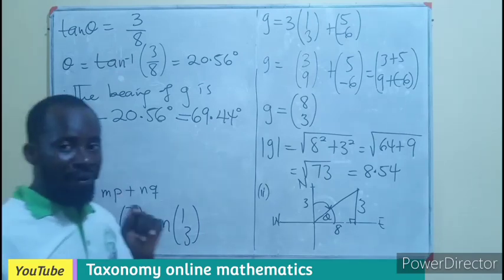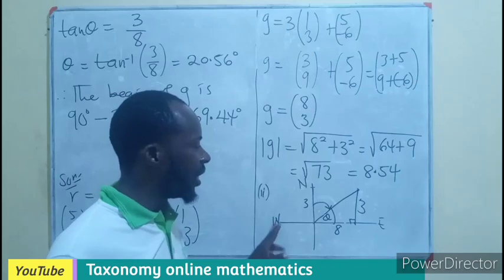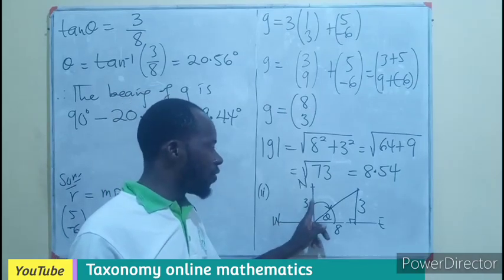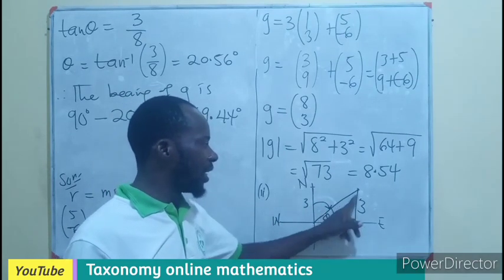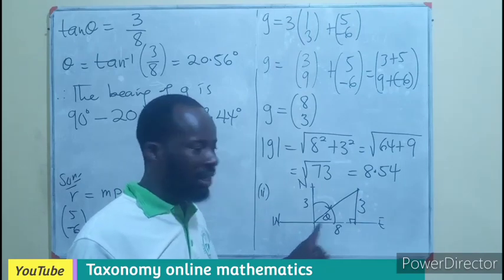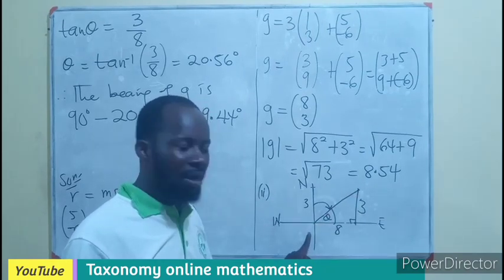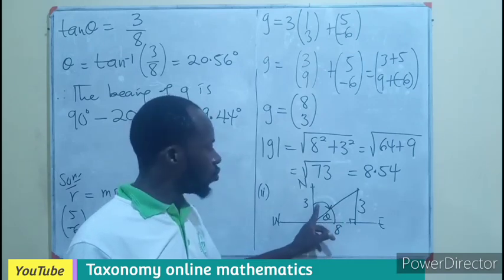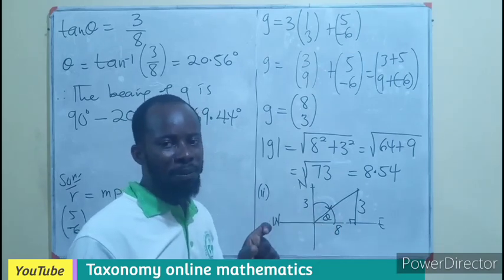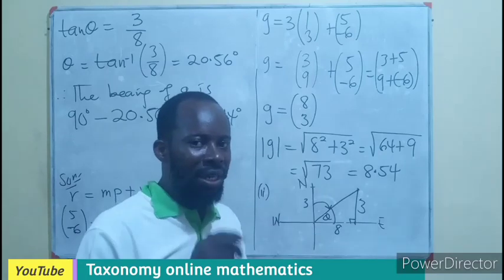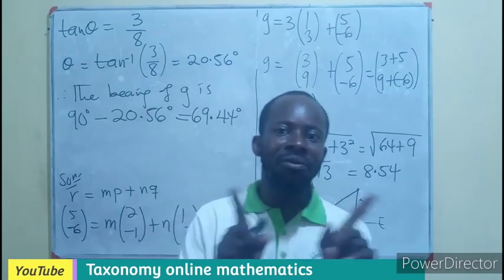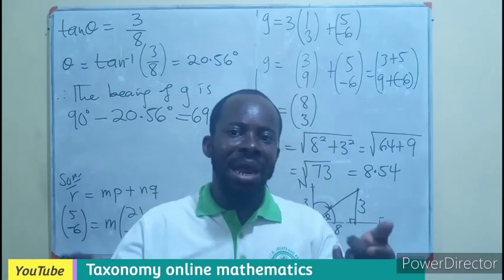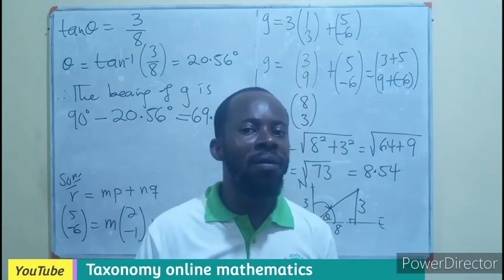So the bearing of the vector g is from the north to the line joining the point and the origin. And this is from the north plus 20.56 to give us 90 degrees. So in all, in this question, we are able to find how to add vectors, and how to multiply, that is, a scalar multiple of a vector.